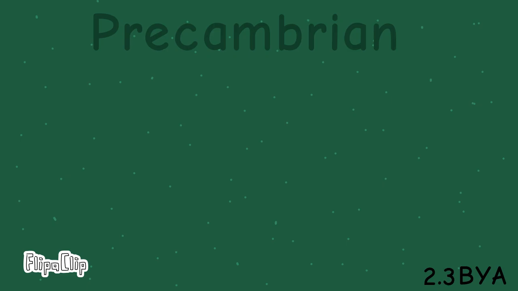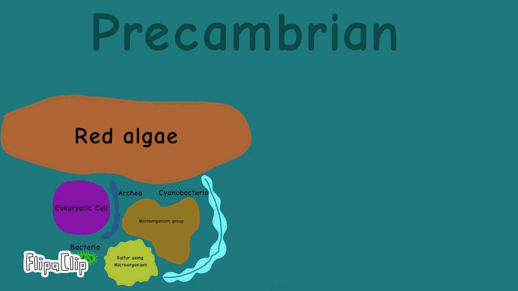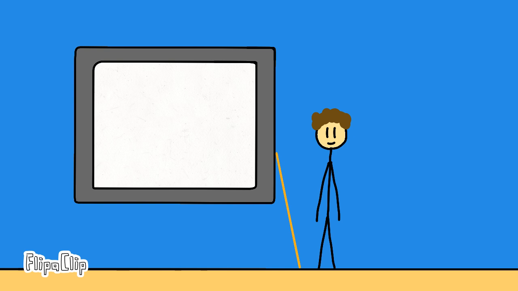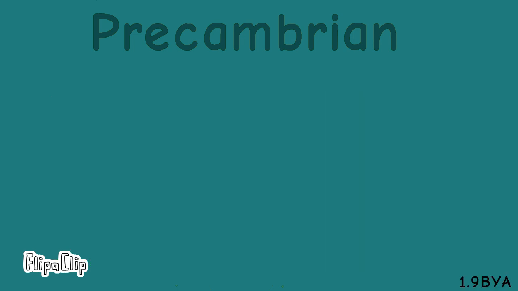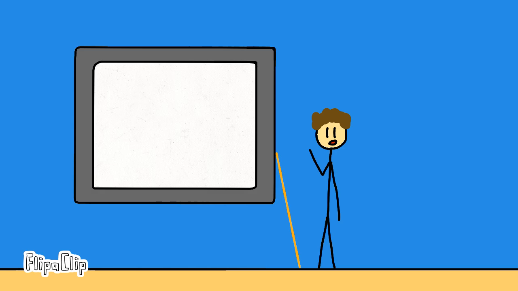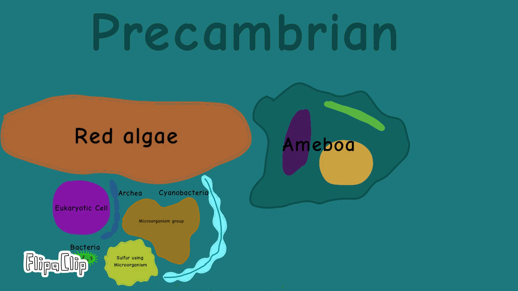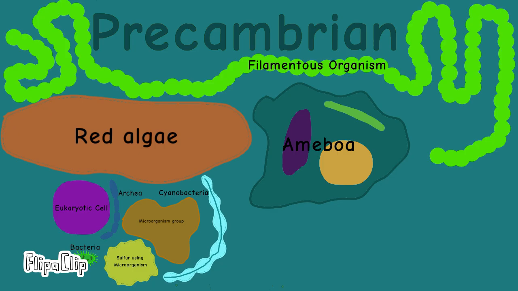Going back about 2.1 billion years ago, we can find the beginning of algae. Also, I resized this stuff since it was getting crowded. And also, we welcome the first amoeba. Now, skipping over a long distance to 1.6 billion years ago, we can find long strings of organisms known as filamentous organisms.